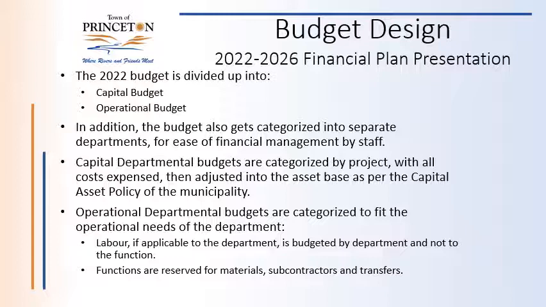Capital budgets tend to be categorized by project. Each capital project has a budget, it has an objective, and it has a source of funds attached to it. We'll review that when we actually review the bylaw, and you'll see how that's all structured.